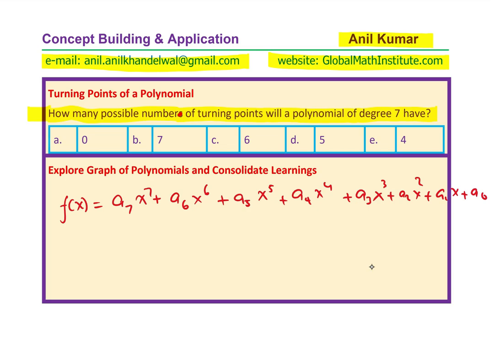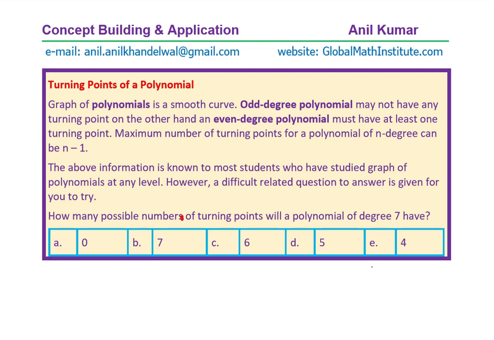Now, before we begin, let us look into some concepts which are known to us about polynomials. Here I have summarized what most students do know about polynomial graphs and their turning points. So let's review it. The graph of a polynomial is a smooth curve. Odd degree polynomials may not have any turning point, right?